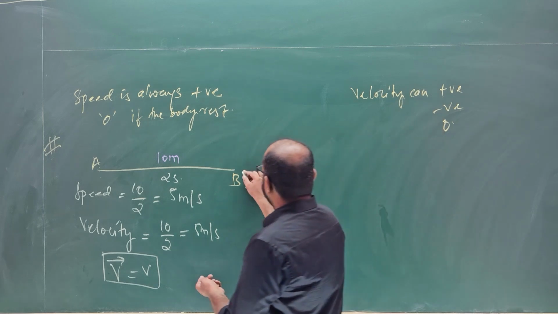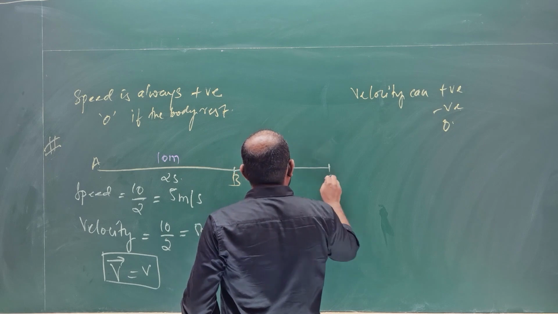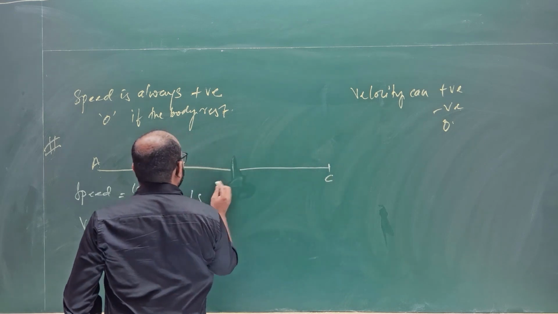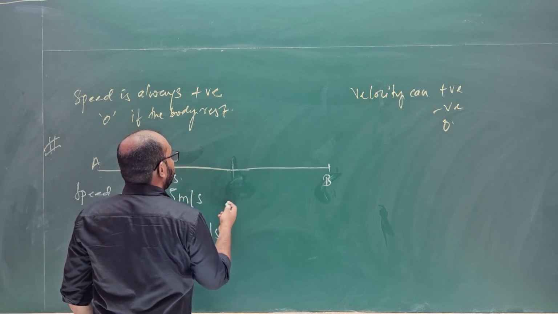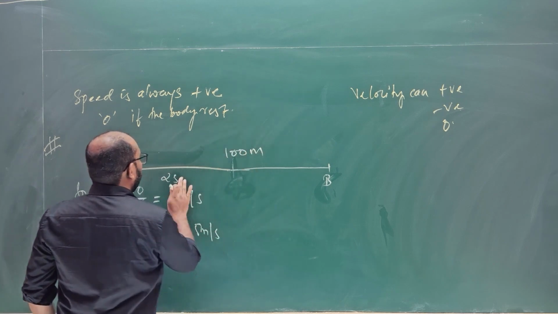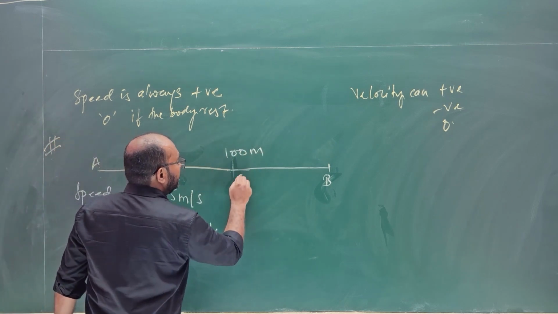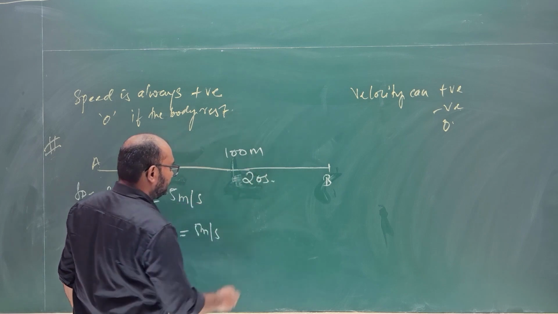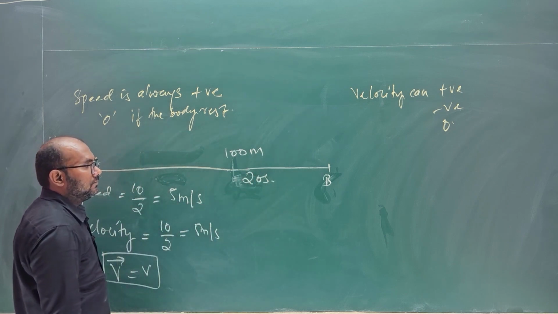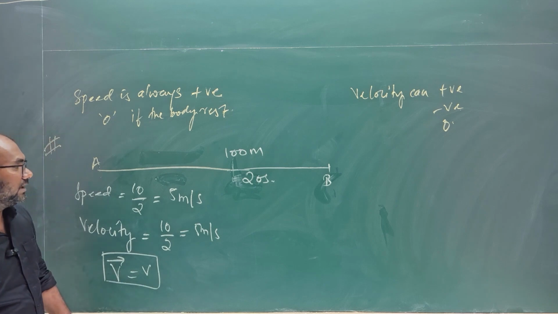For example, consider reaching point C. There is no B. Here let this distance be 100 meter, and consider the time taken is 5 seconds or 20 seconds. Whatever value you want to take, you can take.